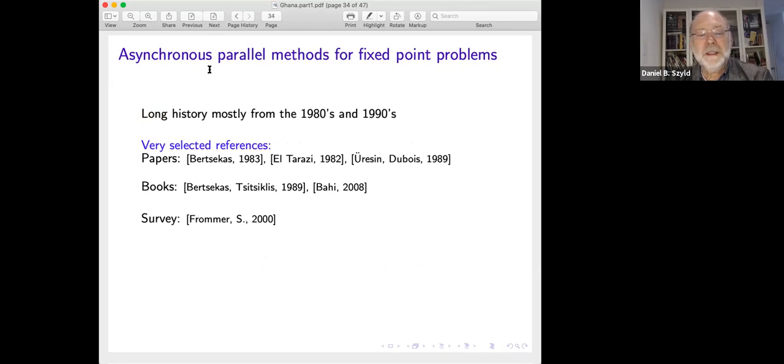There is a long list of references. I just picked a few selected papers and a couple of books. There's a survey that I did with Andreas Frommer about 20 years ago of what has been done until the year 2000, which summarizes everything about this.